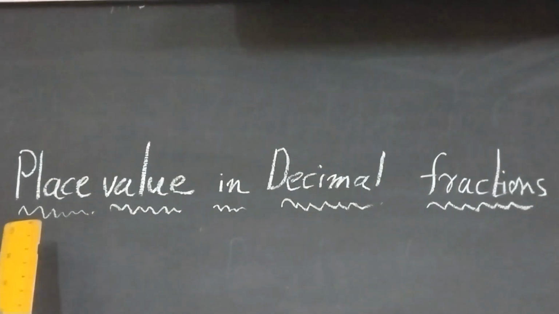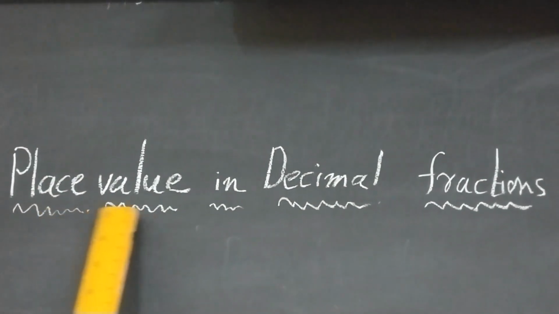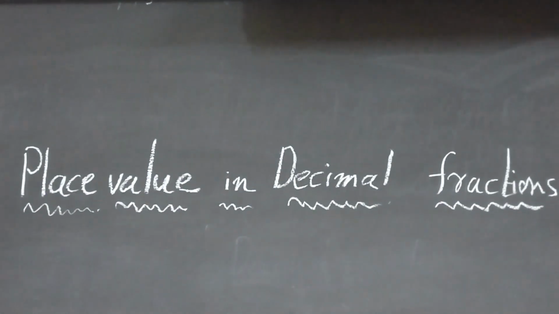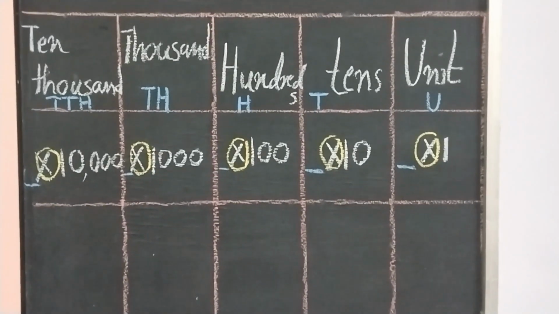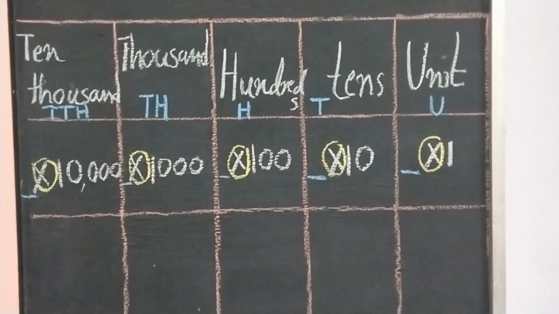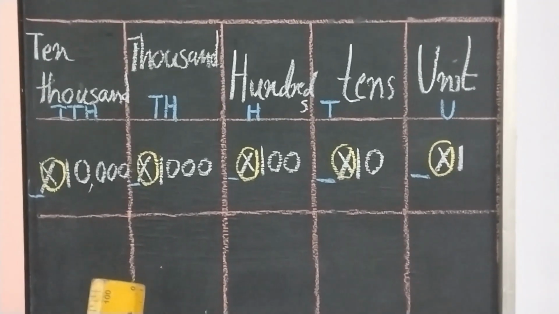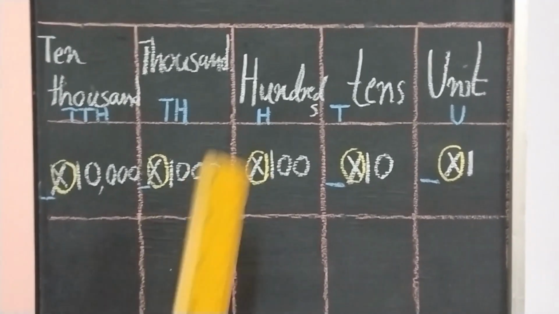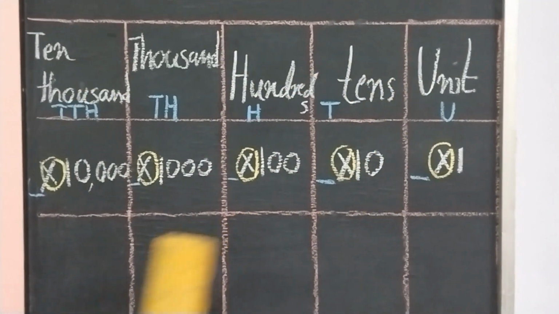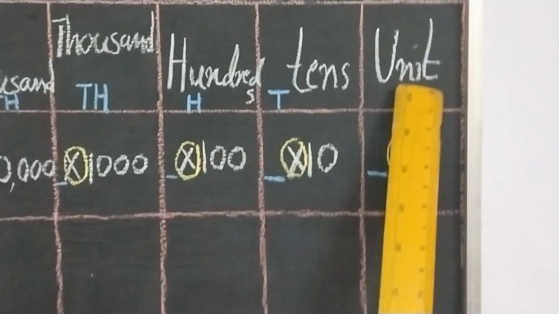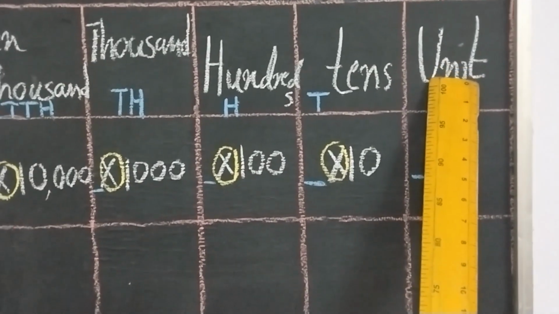Today let us find out place value in decimal fractions. Now try to recollect the basic chart for finding out the place values. This is that basic chart. First one, on the extreme right hand side is the units place.